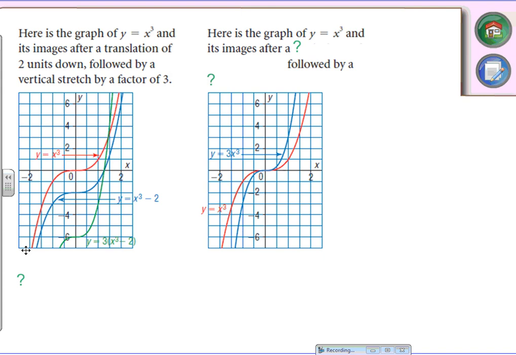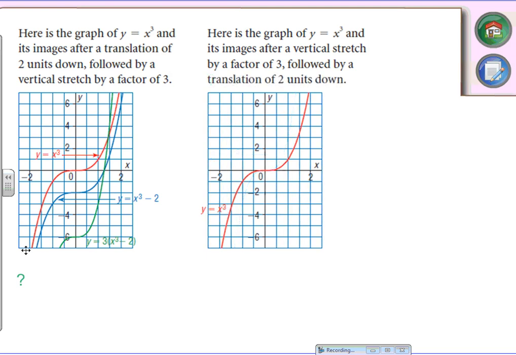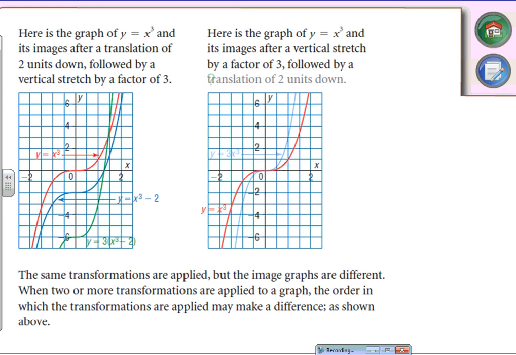If we do the other one, where we first do the vertical stretch, you get that blue line, and then you do a translation of 2 down. I don't have that graph, but in your book you can see that it comes to here.